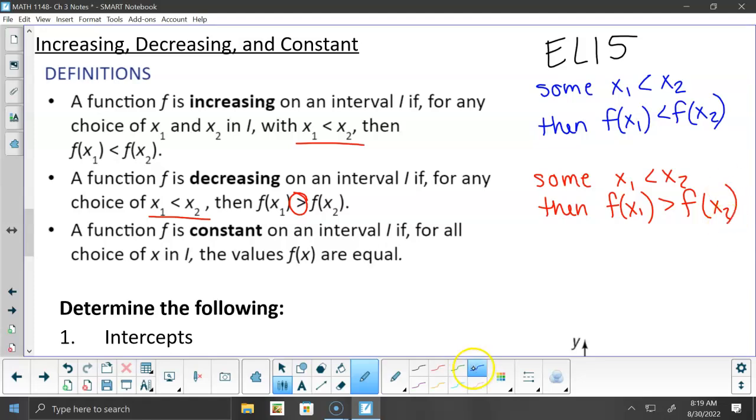And if we had to draw it, this one goes kind of like this, and this one goes like this. Alright, should still have a smaller x1, but when I plug it in, that number is going to be bigger than the next number I get.